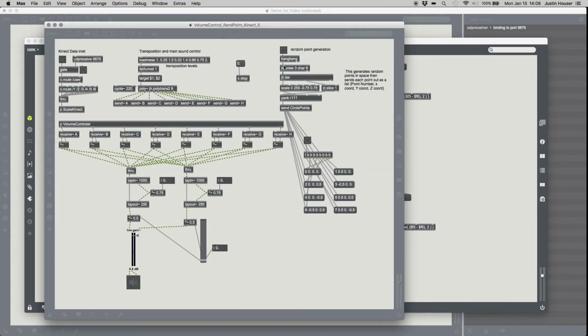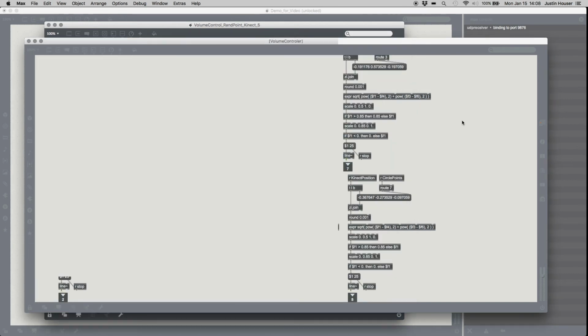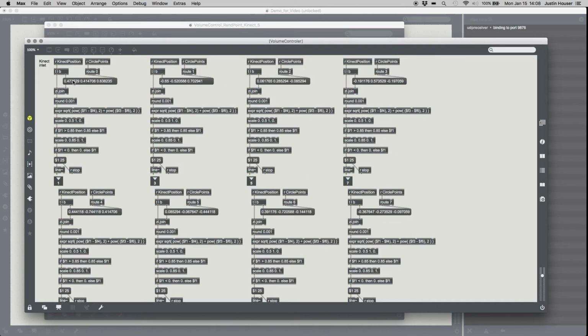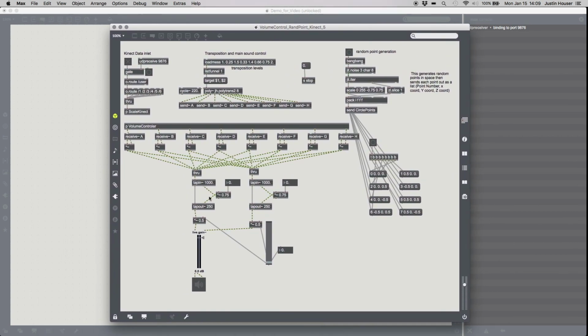So just to give you a little bit of information, I'll tag this one a few times so that you can see that information then goes in here, and each time we get a new one, we route new information, so each one is different, and those are all 8 of our new points. So that is, again, a quick and dirty version of how the program is running for those random points in space.